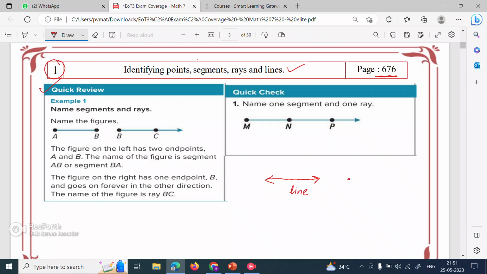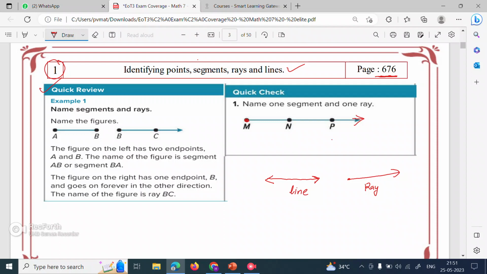If I have a starting point, an initial point, but no end point, we call it a ray. So the starting point will definitely be here. Like in this case, if I say the starting point is M, and this arrow shows that it is a ray. Now, how we write a ray is important.